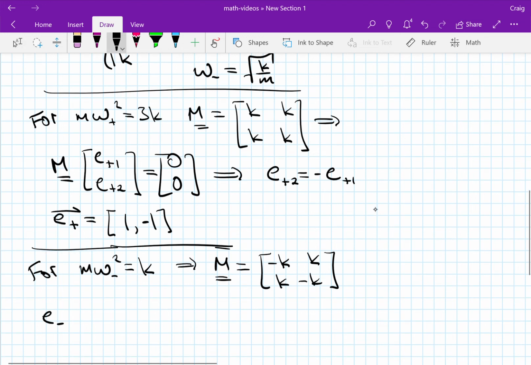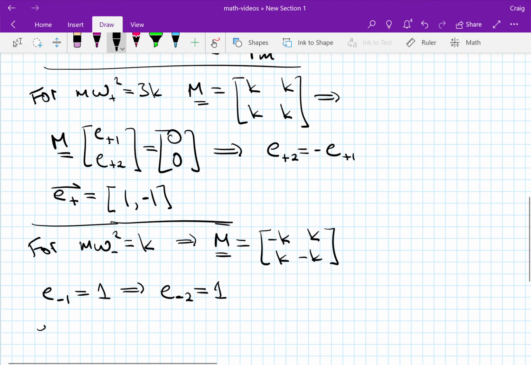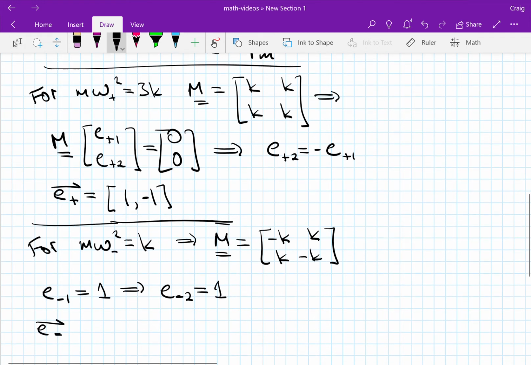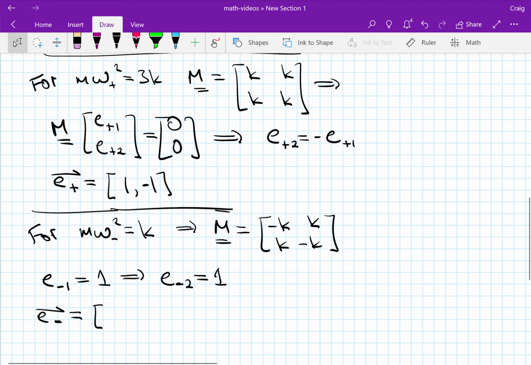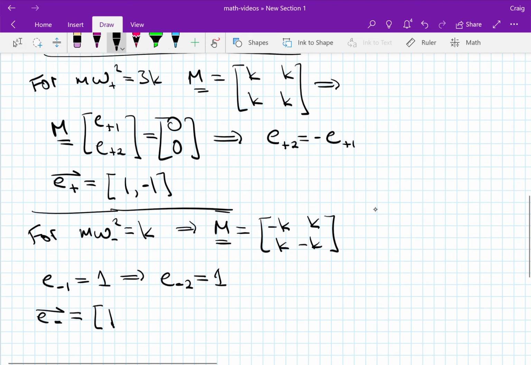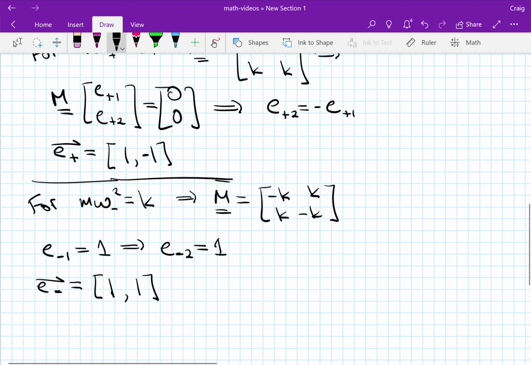So E minus 1 will set arbitrarily to 1, and that tells us that E minus 2 has to be equal also to the same thing, and so our eigenvector that corresponds to the lower eigenvalue is going to be plus 1, plus 1.